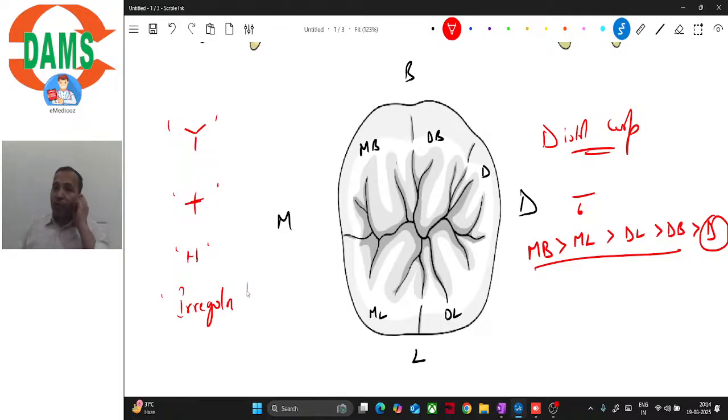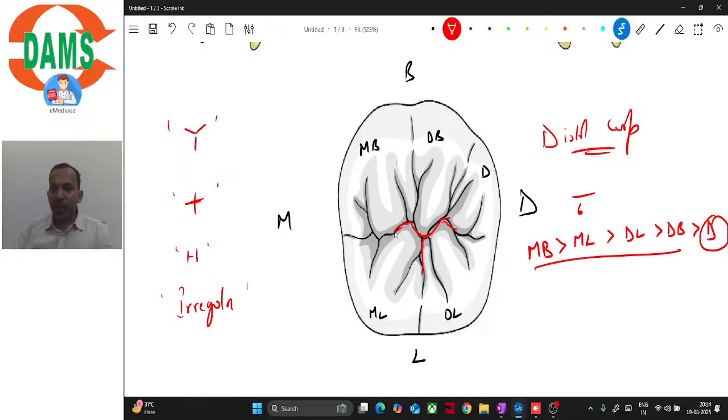So which of these four do you think would be the correct answer? Now this here is the central groove, isn't it? So what should we call this shape? An irregular shape, H shape, plus shape, or Y shape?